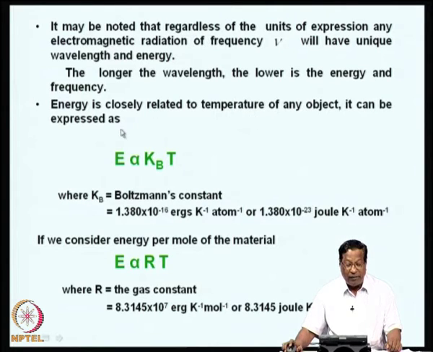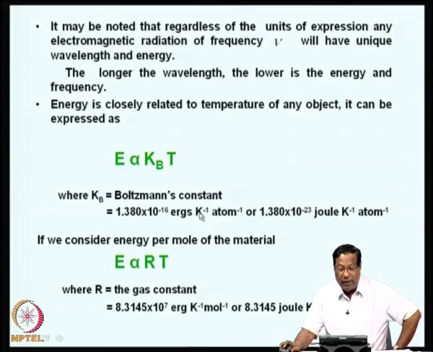It can be expressed as E is proportional to Kb T, where Kb is the Boltzmann constant, and its value is 1.380 into 10 raised to minus 16 ergs K inverse atom inverse, or 1.380 into 10 raised to minus 23 joules K inverse atom inverse.